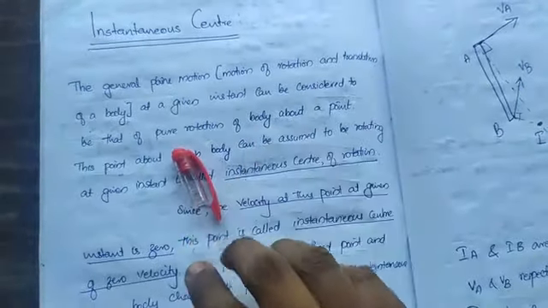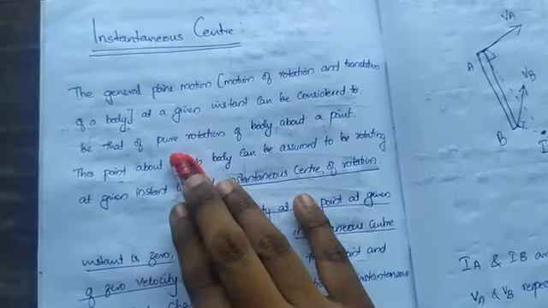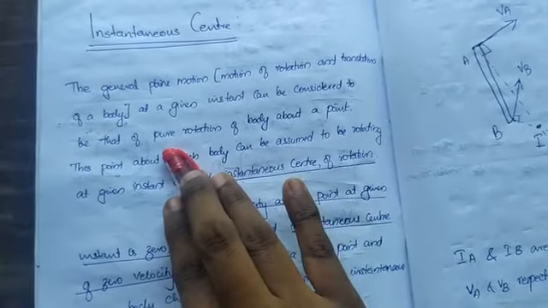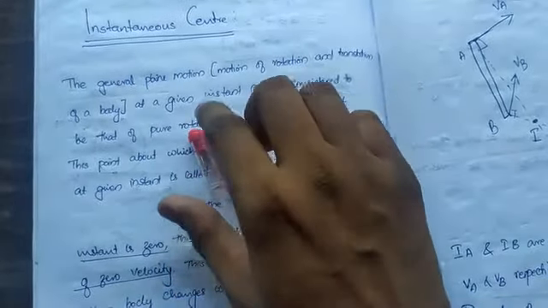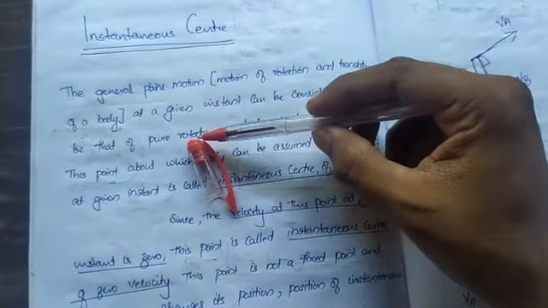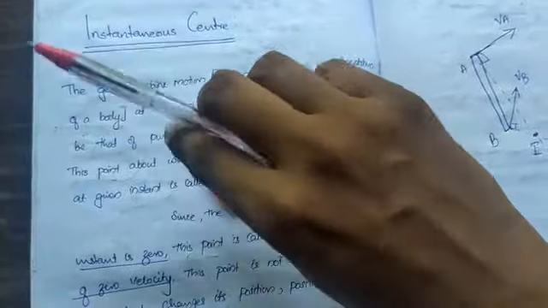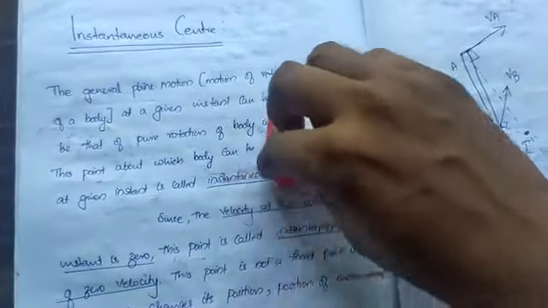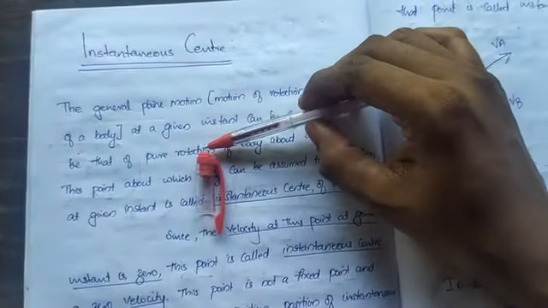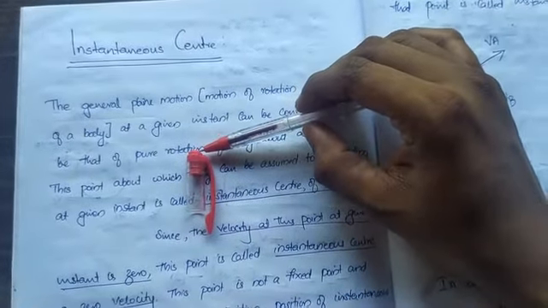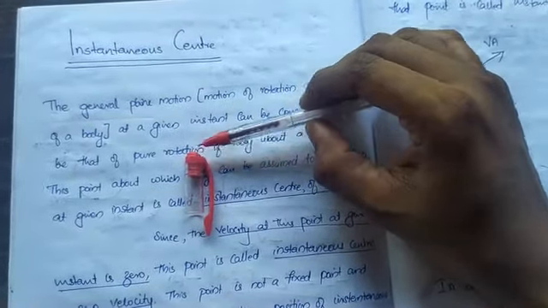So in that case we concluded that the total velocity at any point, which is rotating as well as translating, will be a sum of rotational motion as well as translation motion.